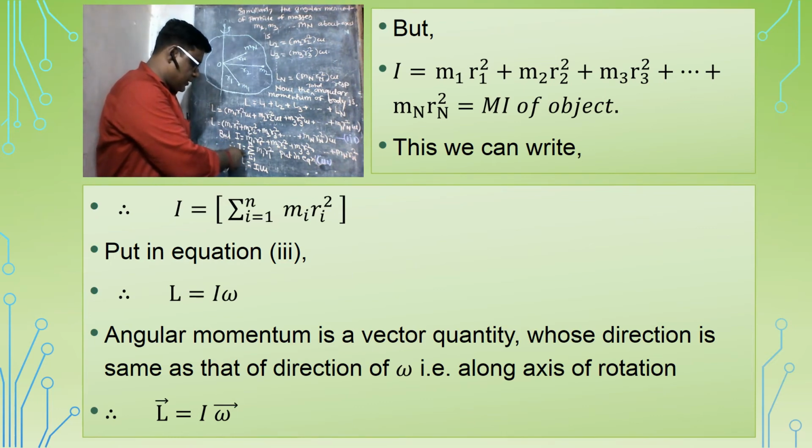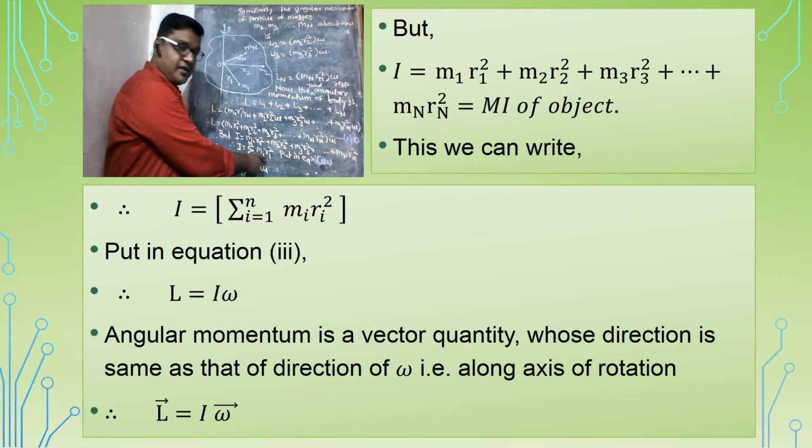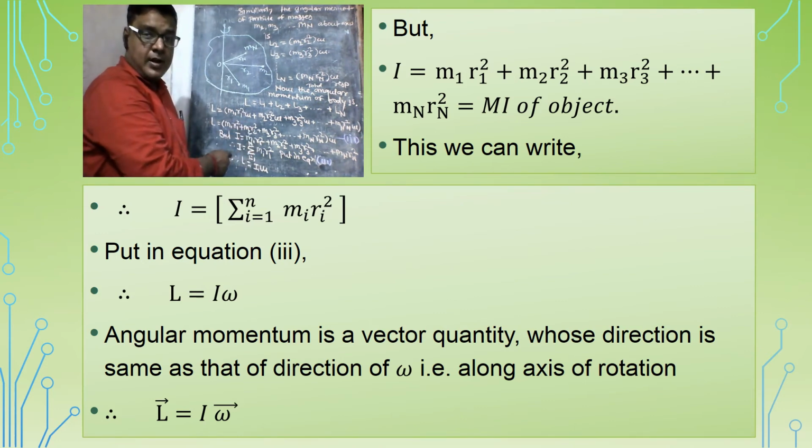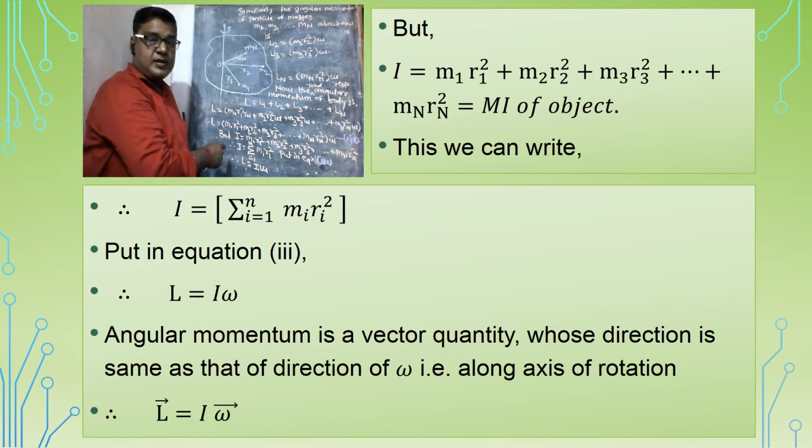Therefore, I is equal to summation, i is equal to 1 to n, mi ri square. This term we have written in summation form. The moment of inertia of the object is I is equal to m1 r1 square plus m2 r2 square plus m3 r3 square plus up to mn rn square.